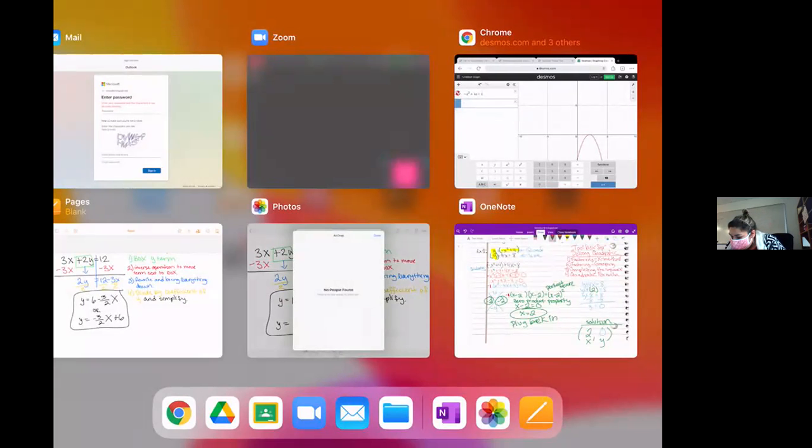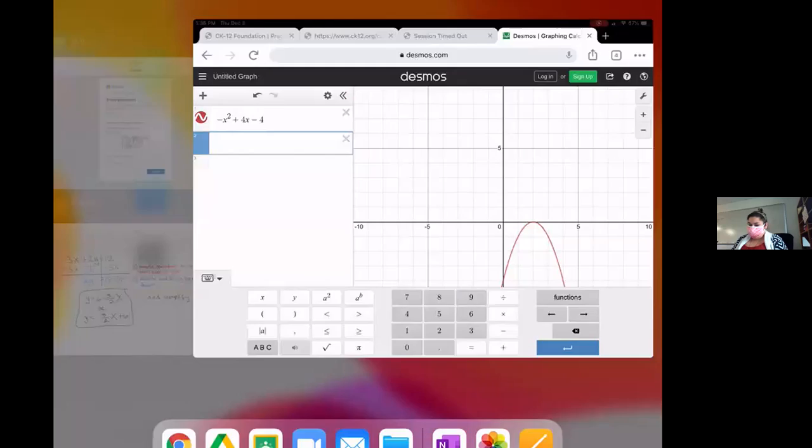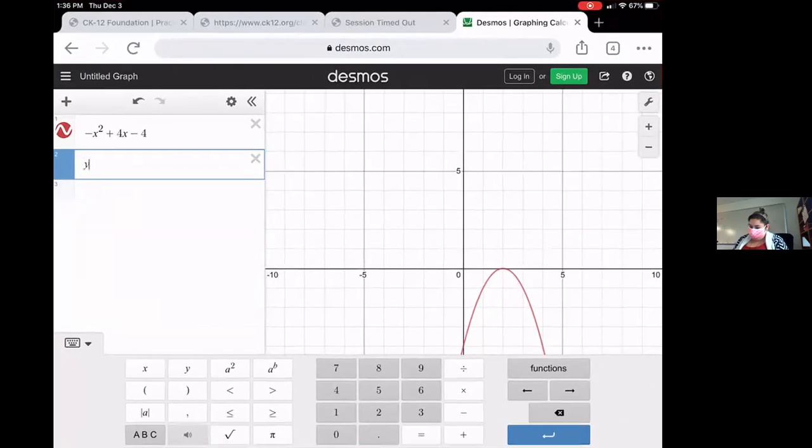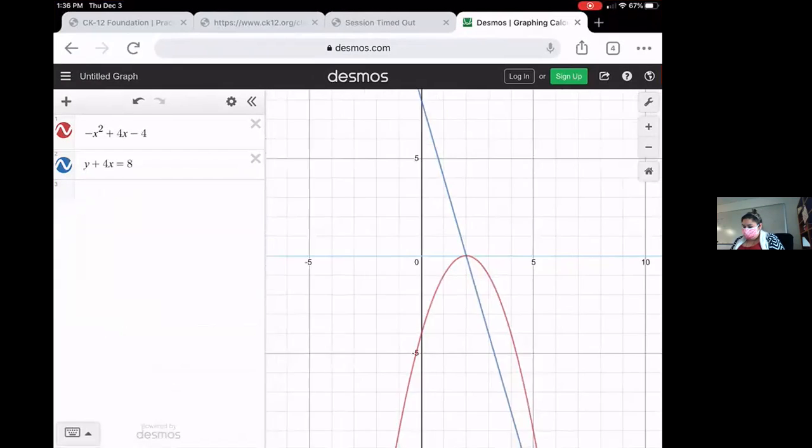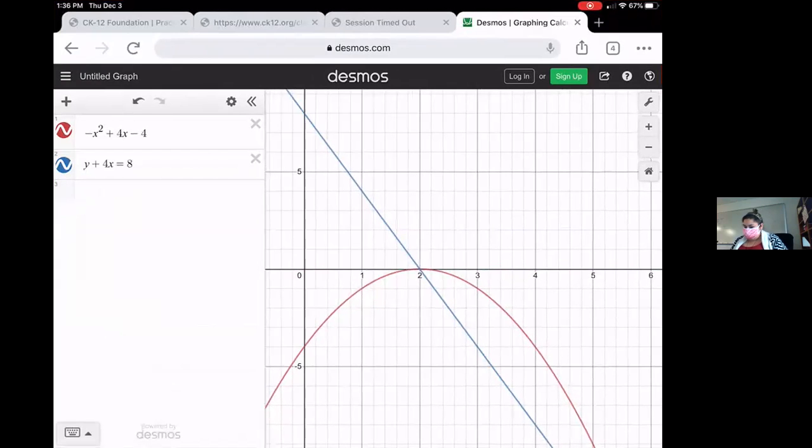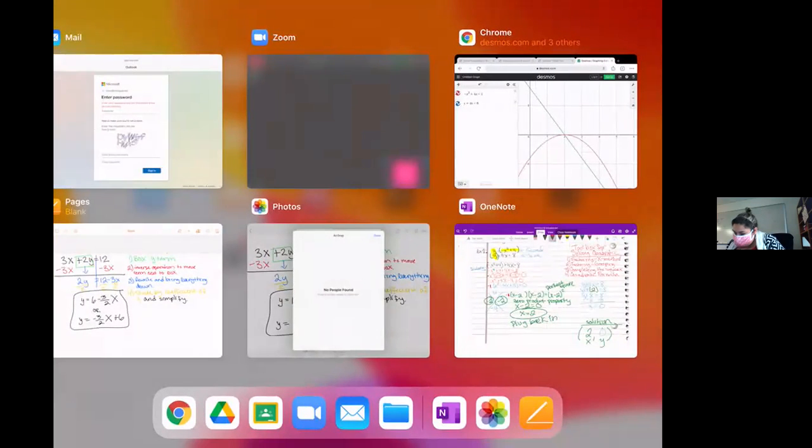And then the second one was, where was it at? Y plus 4x equals 8. Okay, so did I do it right? Y plus negative x squared plus 4x.